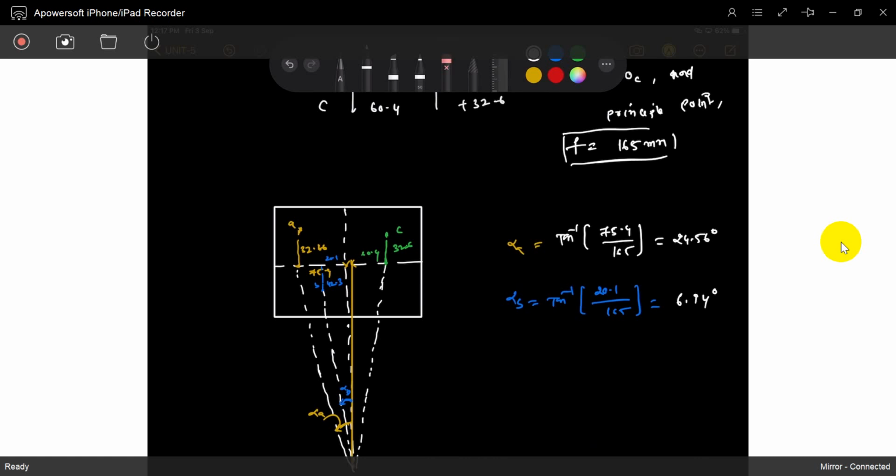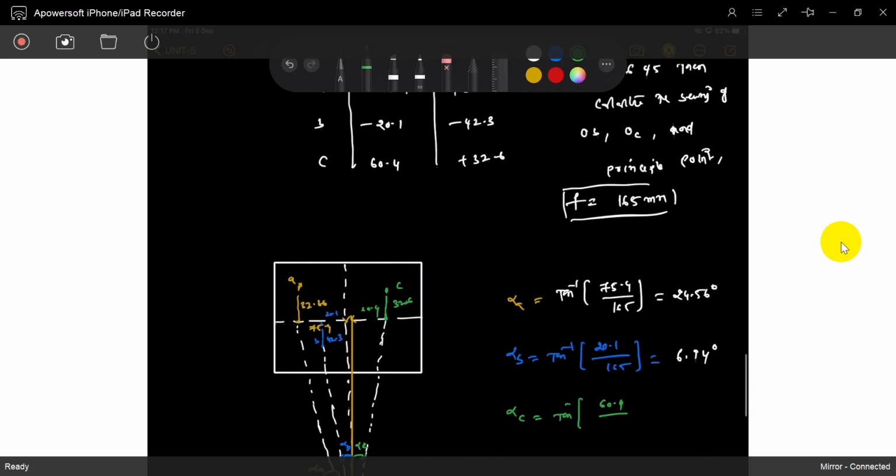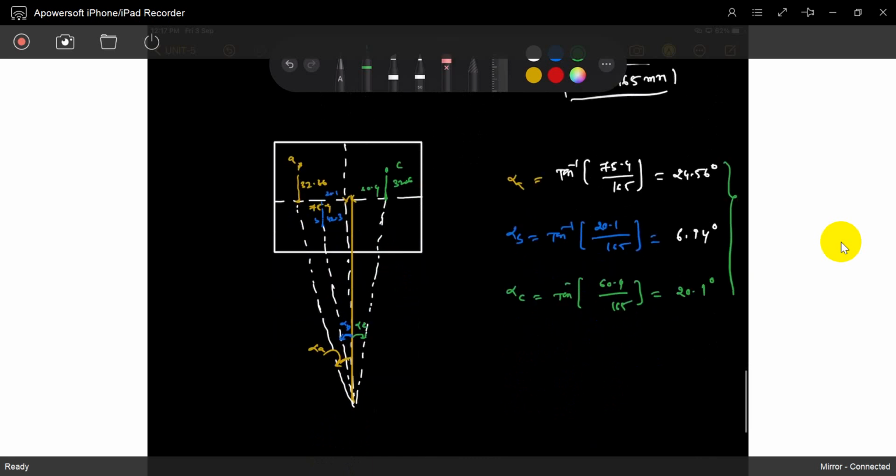Next, alpha C. What is alpha C? Tan inverse of 60.4 by 165. What is that value? 20.1 degrees. So these are the three horizontal angles. They are not bearings, they are angles. So what is the bearing?